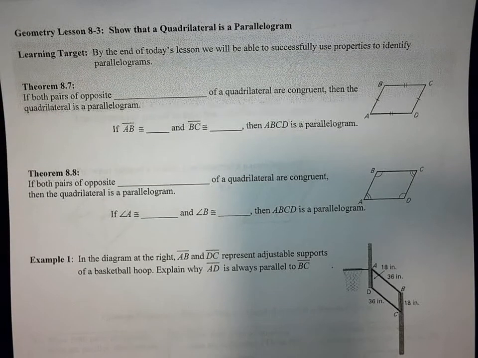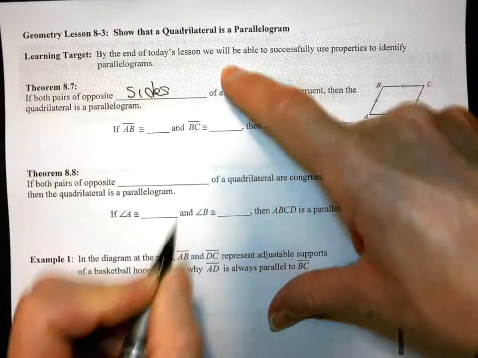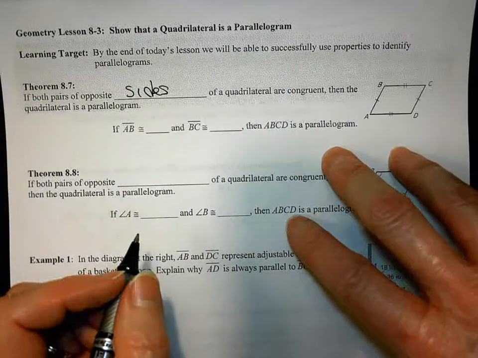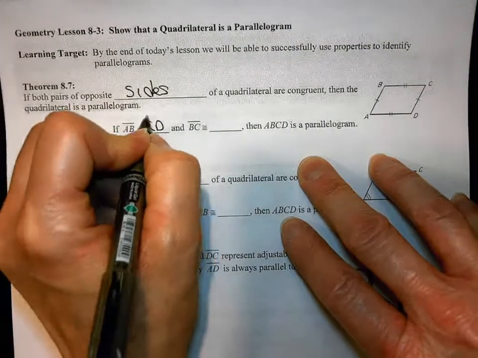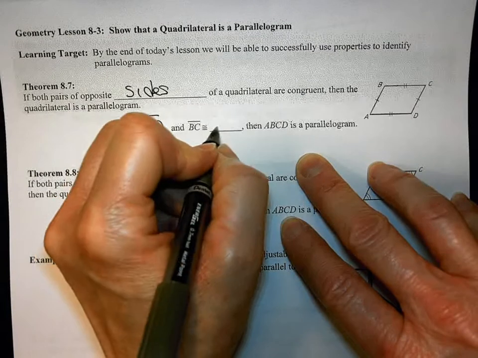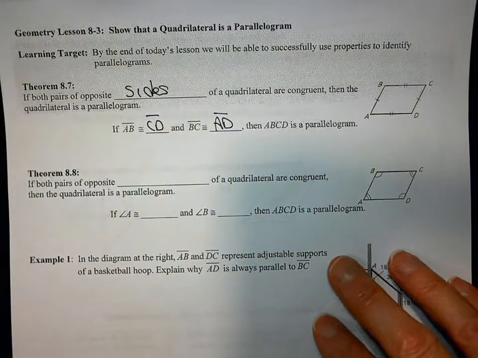If both pairs of opposite sides of a quadrilateral are congruent, that means the quadrilateral is a parallelogram. So if AB is congruent to CD and BC is congruent to AD, then it is a parallelogram.